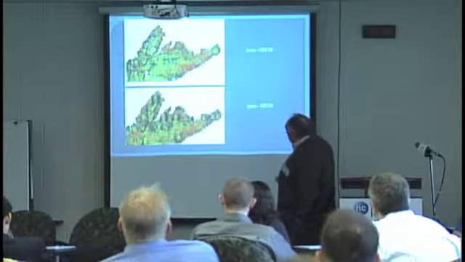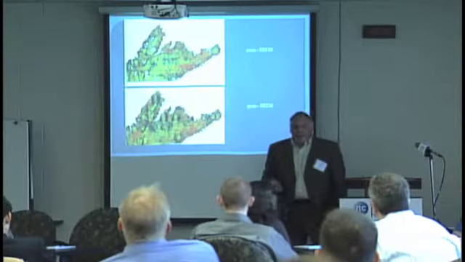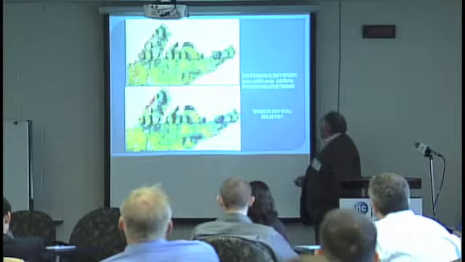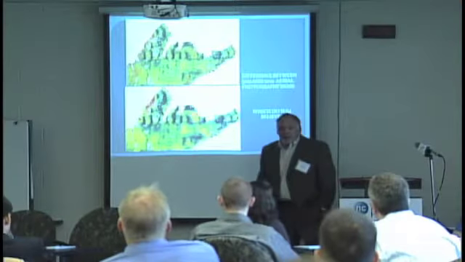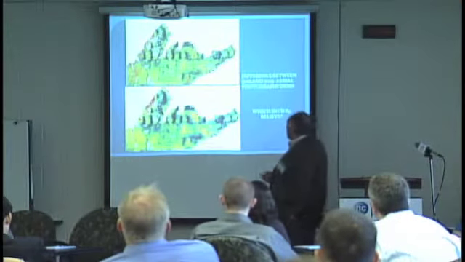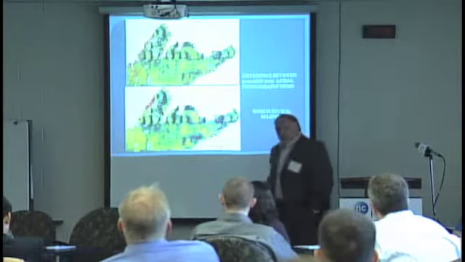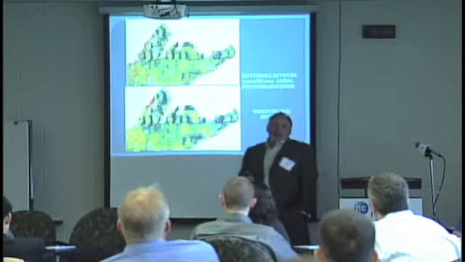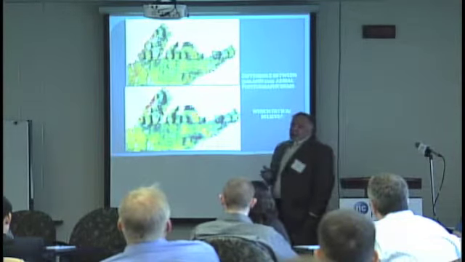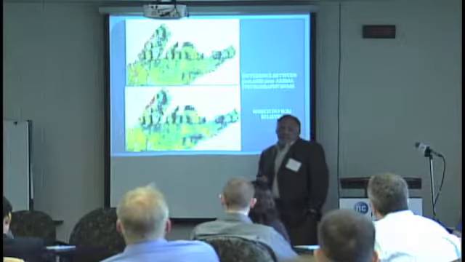You start getting some really odd-looking features. I smoothed this out a little bit just to emphasize what was going on. And lo and behold, I can actually see the flight paths of where the photographs were.